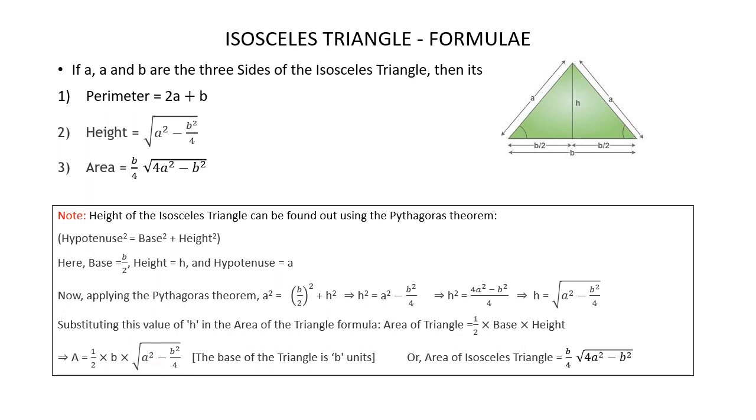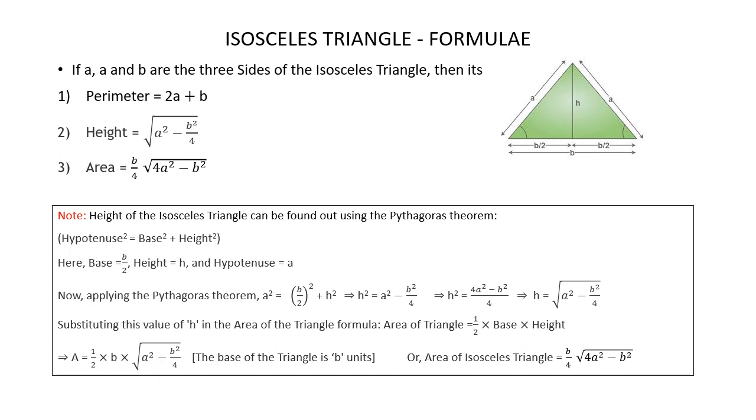Now when you solve this, when you solve square root of a squared minus b squared by 4, you get square root of (4a squared minus b squared) divided by 4, which is nothing but square root of (4a squared minus b squared) divided by square root of 4. Now square root of 4 is nothing but 2.